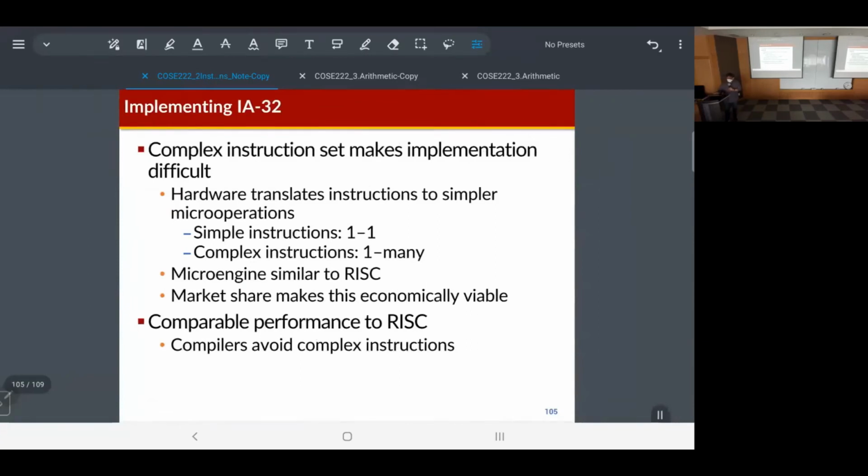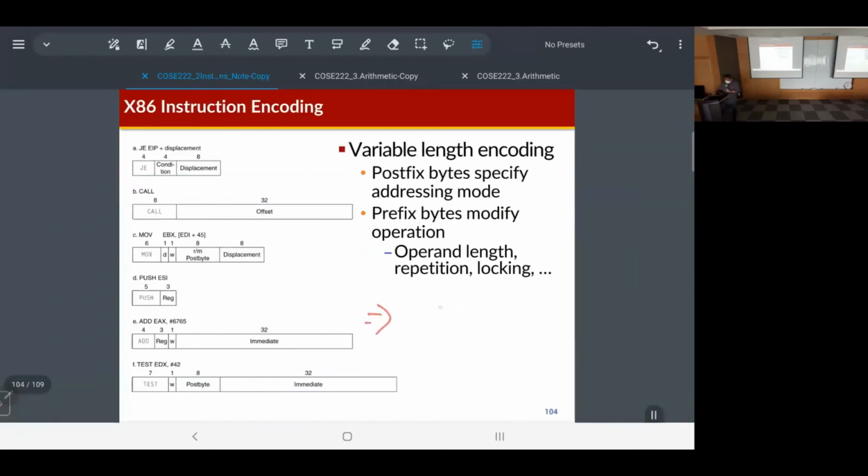So these are the disadvantages of CISC type ISA: the decoding is complex, the instructions are complex, and the addressing mode is complex.